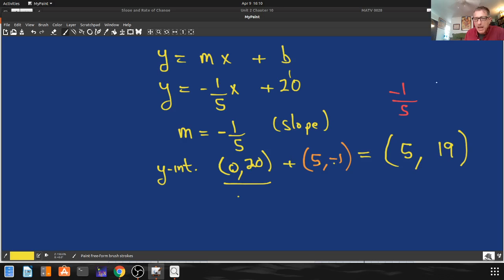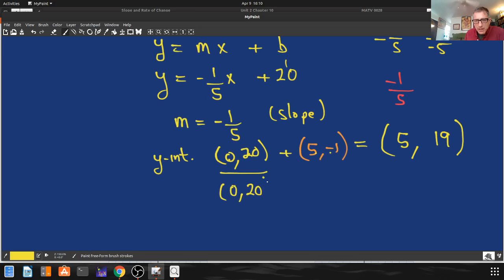You're saying, well, what happens if I had actually chosen to write minus 1/5 the other way, as 1 over minus 5. That's still going to work. 0, 20 is my y-intercept. And I'm going to create my adder point. I'm not going to write it in a different color anymore. I'm going to choose that to be minus 5 and 1.